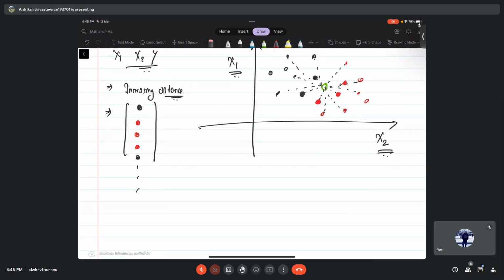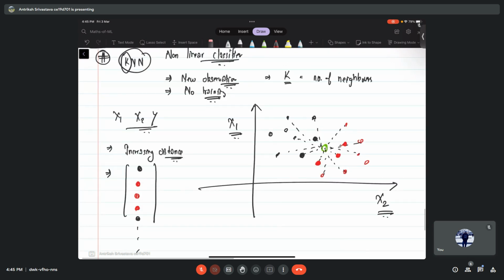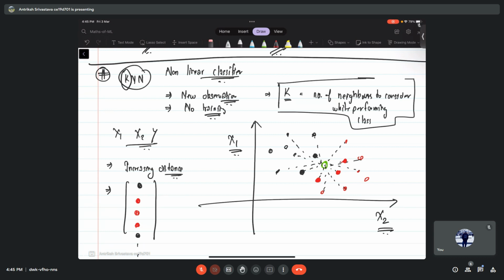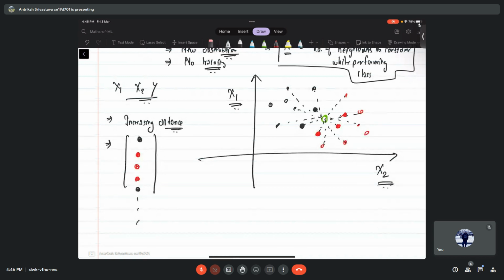Okay, yeah. So we gave an argument k into this function that was the number of neighbors to consider while performing classification. So if I were to say that k is 3, then I'll go to this list, I'll take the minimum three distance points, and then I'll see which one is in majority.